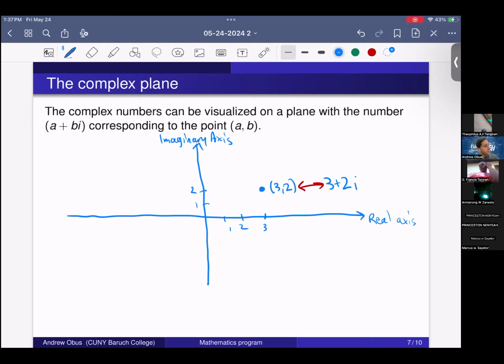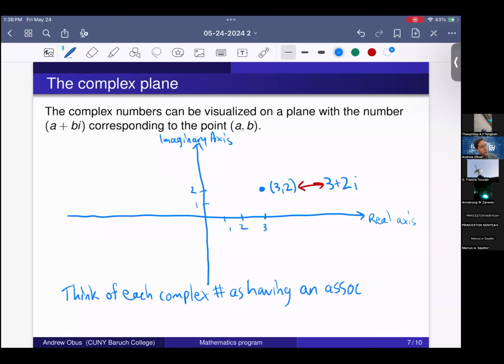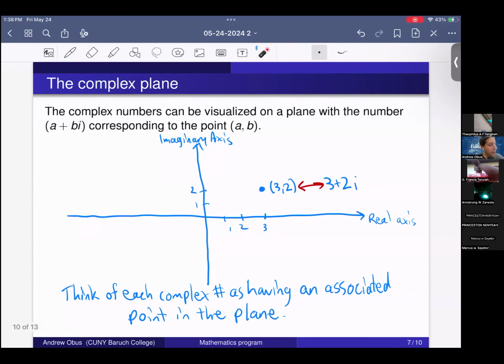So we can think of each complex number as having an associated point in the plane, where the x coordinate gives the real part and the y coordinate gives the imaginary part.